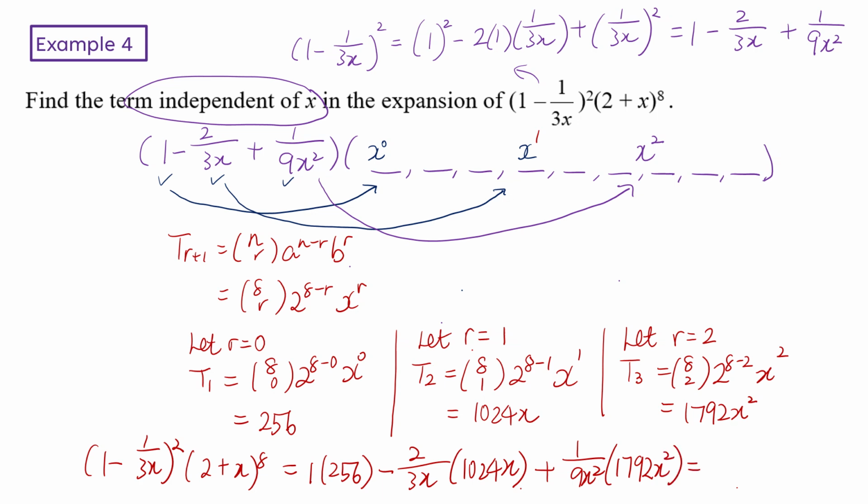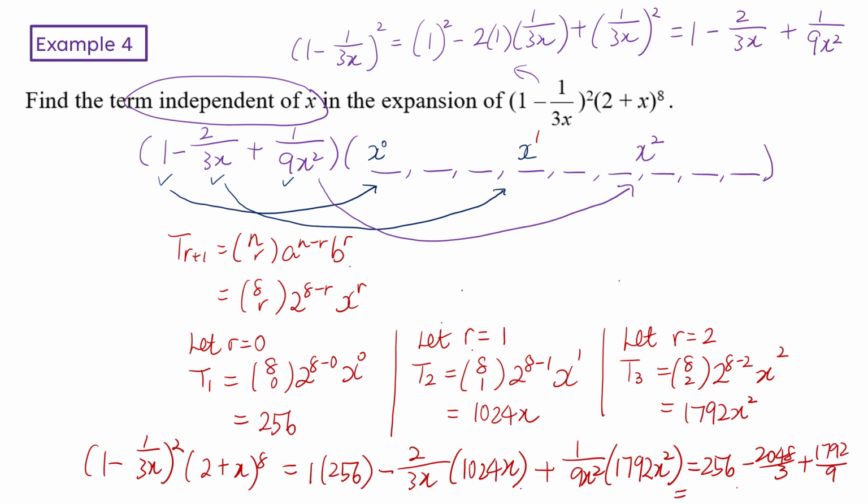And that will give me 256 minus 2048 over 3 plus 1792 over 9.